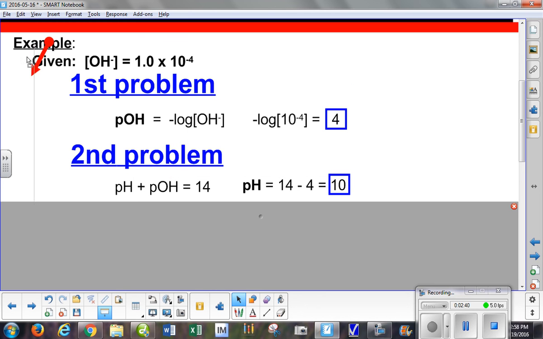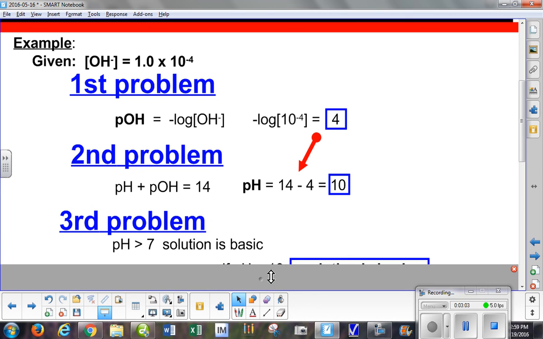This stuff here, right here. Sorry, that arrow just got all over the place there. pH is equal to 14 minus 4, because the pH plus the pOH is equal to 14. So that gives us a pH now of 10.